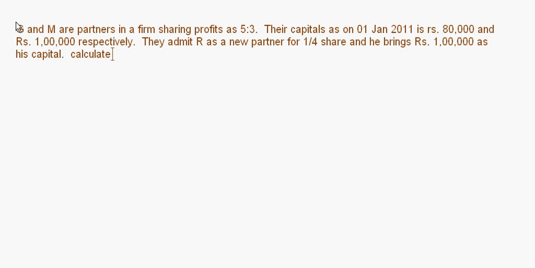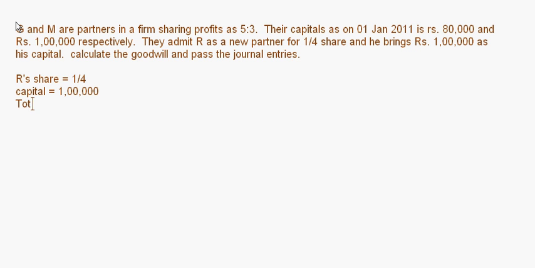You have to calculate the goodwill and pass the journal entries. Now let's see how to do this. First of all, the hidden goodwill part. R is the new partner, and R's share is given as 1/4. His capital is given as 1 lakh.